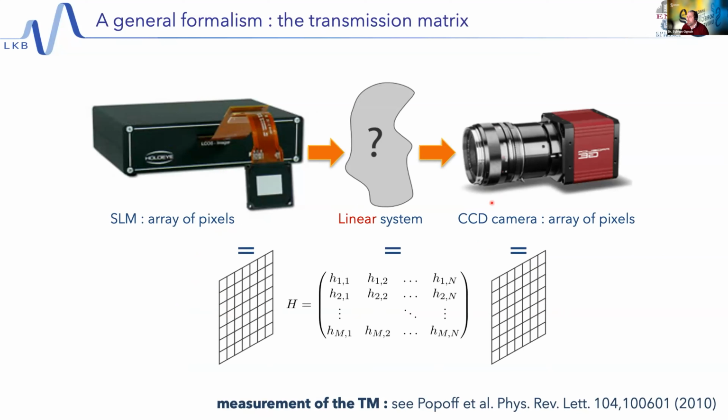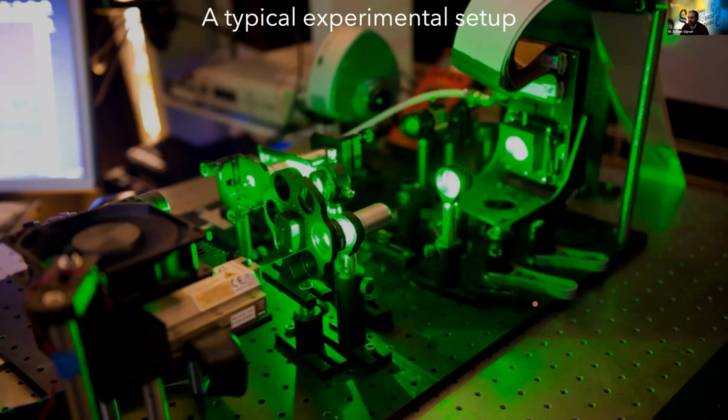In between, you can define a transmission matrix that will determine how light has been transmitted through the medium linearly. What we developed about 12 years ago is a method to measure this transmission matrix by sending a basis of modes as input patterns on the SLM and measuring all the output patterns on the camera, and from that you can determine the transmission matrix.